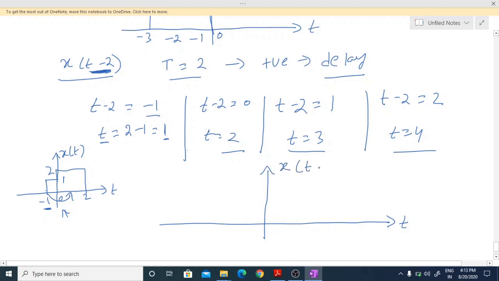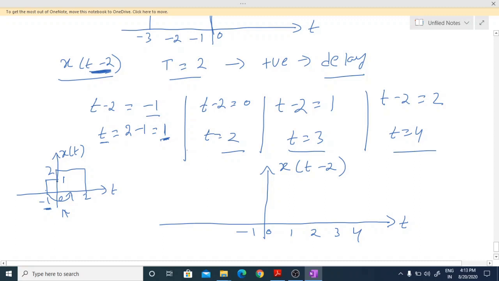X of t minus 2. So here 0, 1, 2, 3, 4 and minus 1. In the original signal x of t, the starting position is minus 1, and this minus 1 will shift to +1.